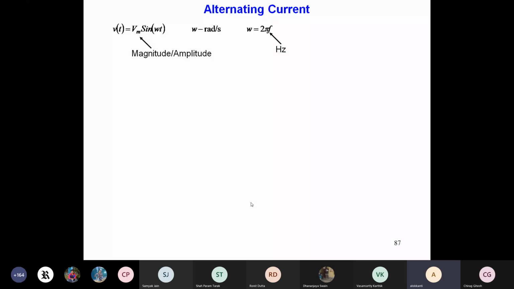Can any one of you tell another DC application? Sir, experiments. For electrolysis. Sir, DC motors. No, DC motor, fine. Electrolysis, those are okay, but those are all school level things.